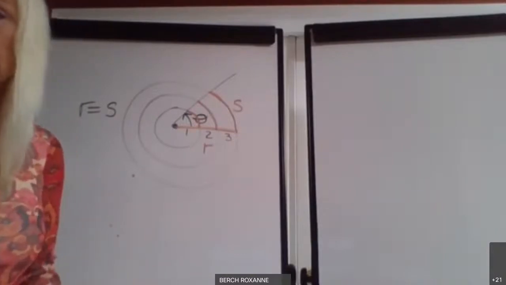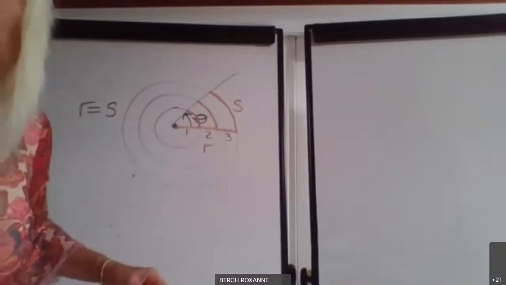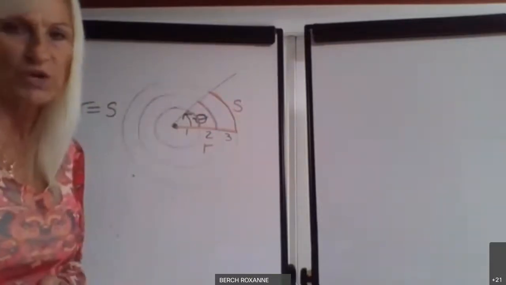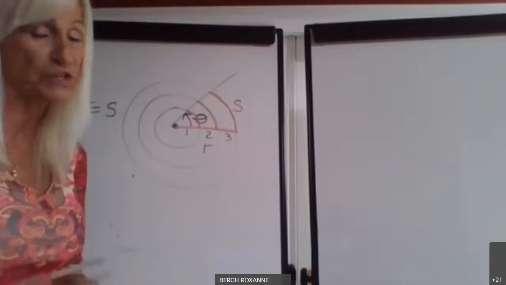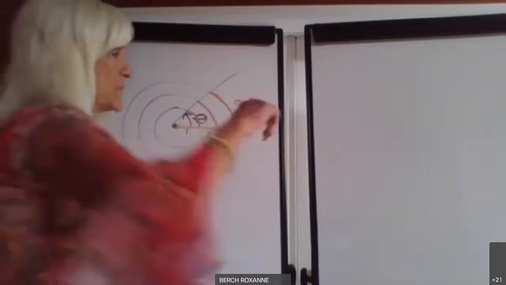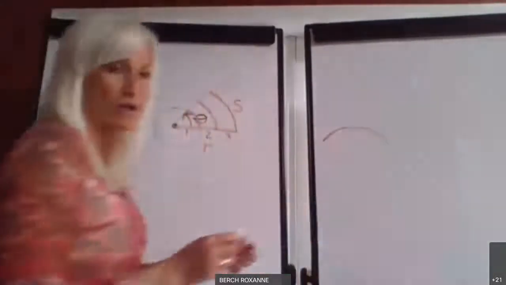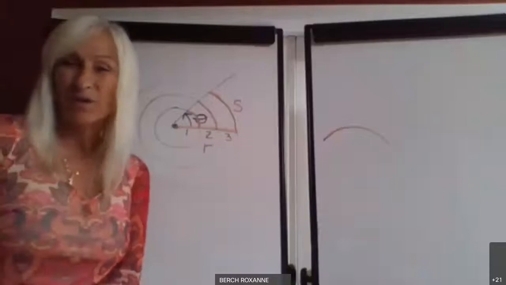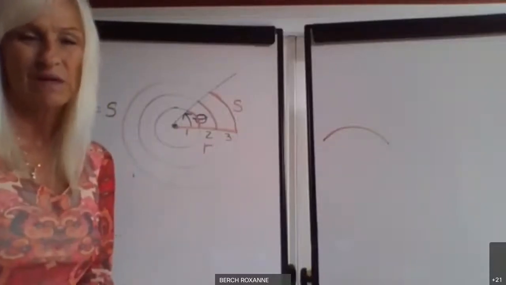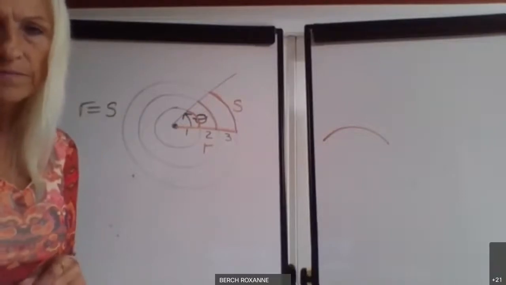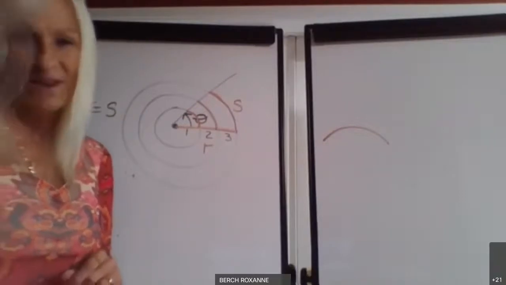Now, you cannot measure an arc with a ruler. Some people were trying to measure an arc with a ruler. You cannot measure an arc with a ruler. So what did you use? How can you measure an arc? With a compass? Yeah, but it wouldn't be very accurate. A protractor? Can't use a protractor.